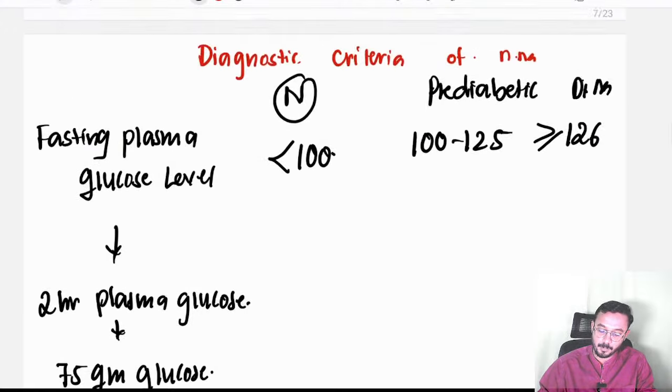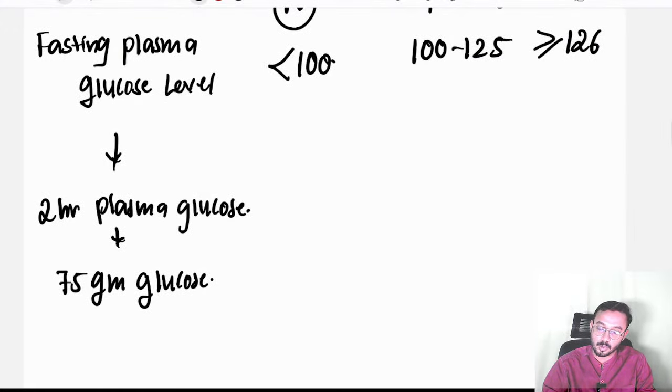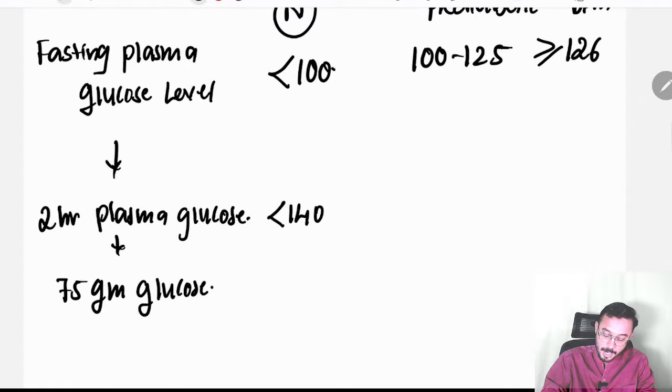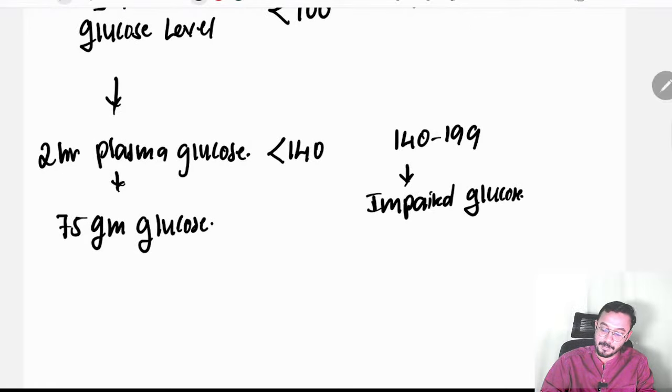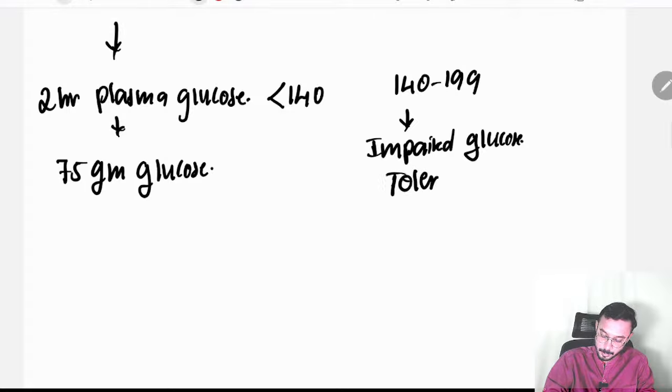And if your 2-hour plasma glucose value after the 75 gram glucose is less than 140, that is normal. If your value falls between 140 to 199, that is known as impaired glucose tolerance.